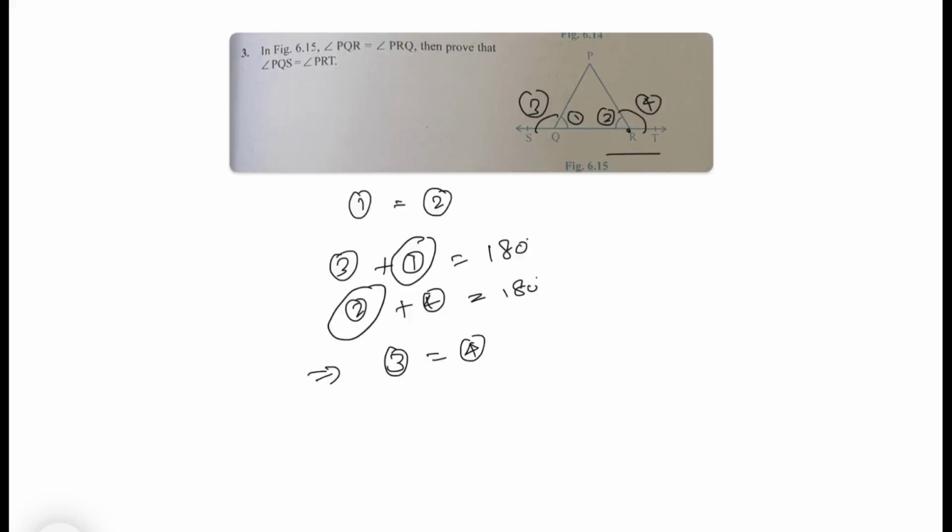Now see, I am denoting all of these as 1, 2, 3, 4 just to make this logical reasoning clear. But ideally you should denote all these angles by the appropriate terms using the points that I mentioned. This is the basic proof, logically speaking. So here we can just say that, hey, this is why angle PQS is equal to angle PRT.